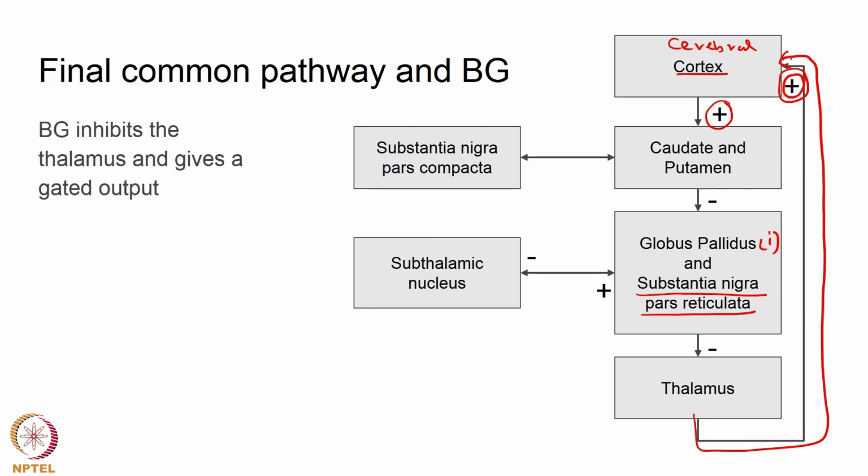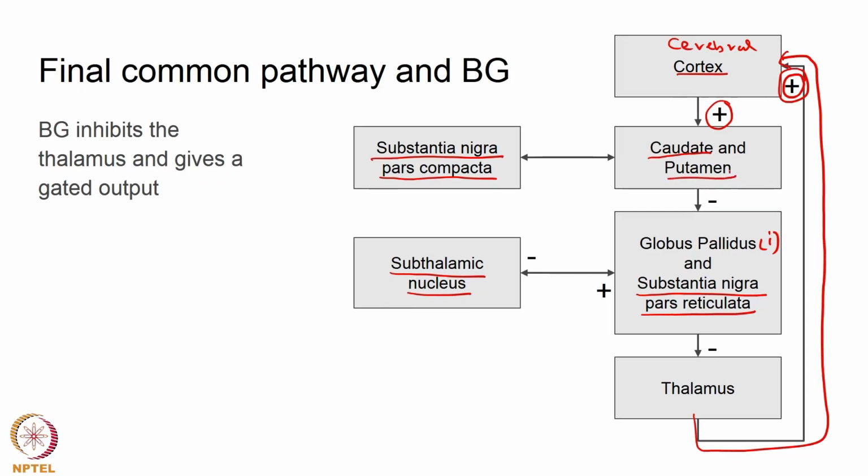What is not discussed is the important role of the subthalamic nucleus and substantia nigra pars compacta. These nuclei perform two different functions. Substantia nigra pars compacta produces dopamine, which is a powerful neuromodulator, which modulates the output of the striatum, the caudate and putamen.